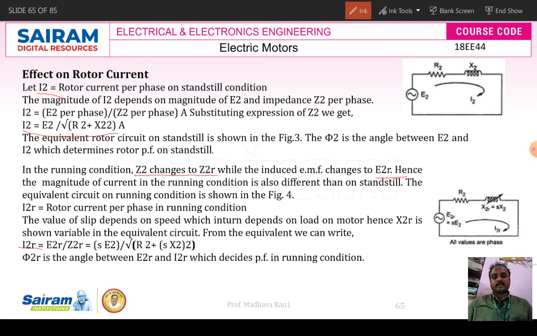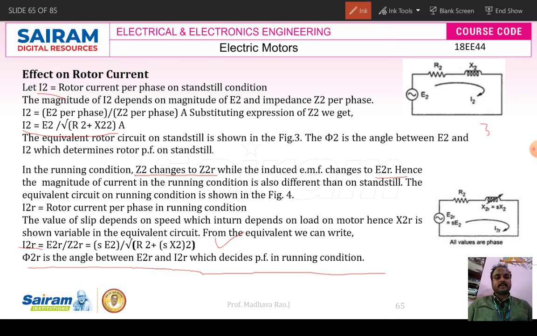Here, φ2R is the angle between E2R and I2R, which decides the power factor in running condition, whether it is lagging or leading. So this is about the effect on rotor current.